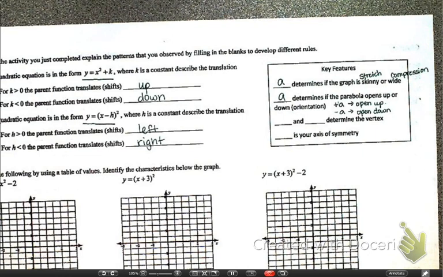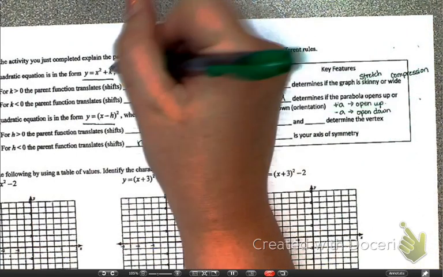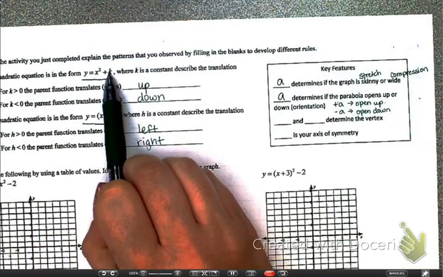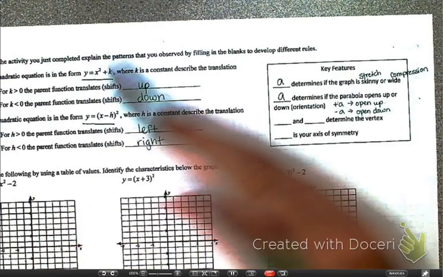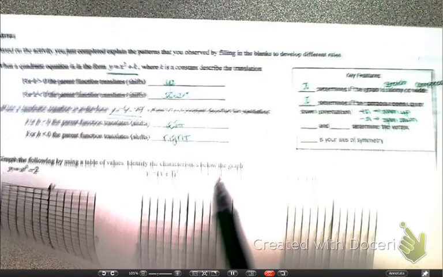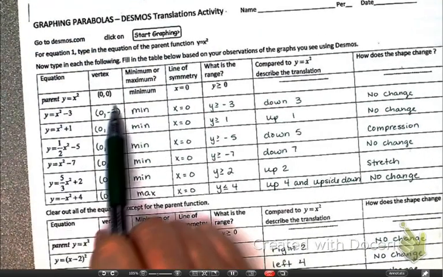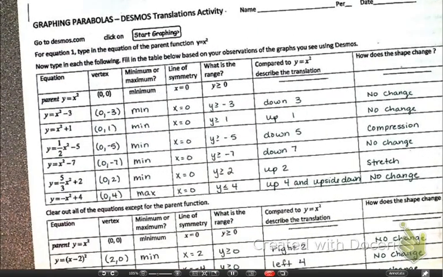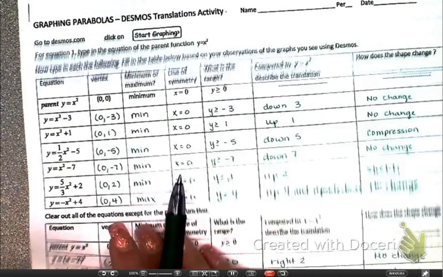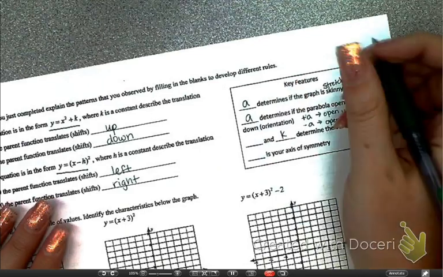What in the equation determines the vertex? Okay, so this number determines the vertex. What changed when I had a K value on my vertex? The Y value changed. So K is your Y value.